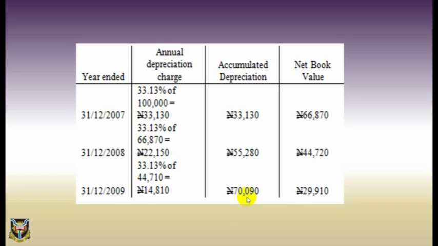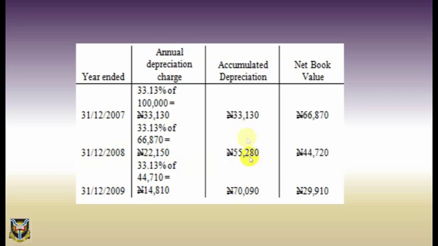Year ended 31st/12/2007. Annual depreciation charge 33.13% of 100,000 is equal to 33,130. Accumulated depreciation 33,130. Net book value 66,870. Annual depreciation charge 33.13% of 66,870 is equal to 22,150.